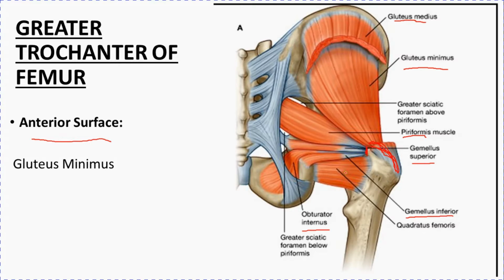The trochanteric fossa gives attachment to obturator externus, which cannot be seen in this image. The anterior surface gives attachment to gluteus minimus and the lateral surface is giving attachment to gluteus medius.